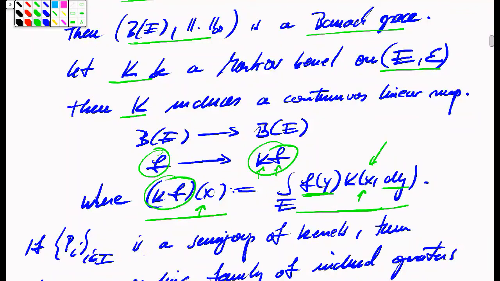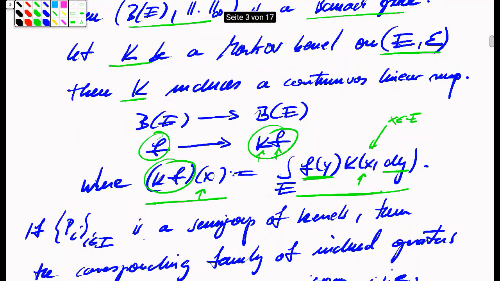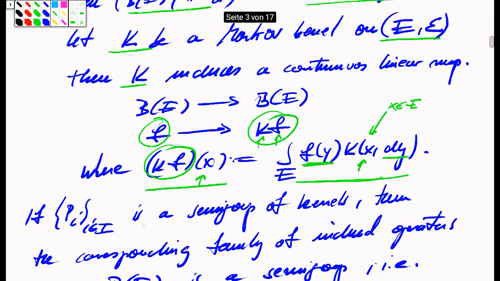You take the average value of the function against the kernel measure, which is evaluated at a starting point x. That defines a new quantity, and this quantity depends only on x and not on e anymore. And since the kernel as a function in x is measurable, this defines a new measurable function.